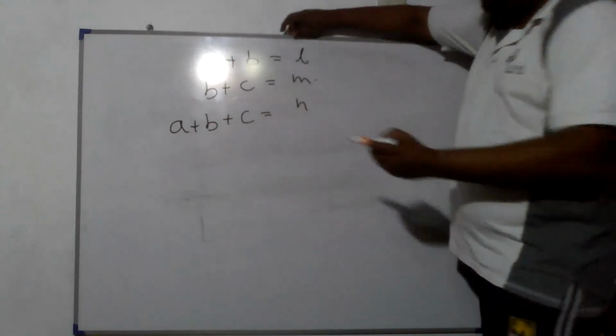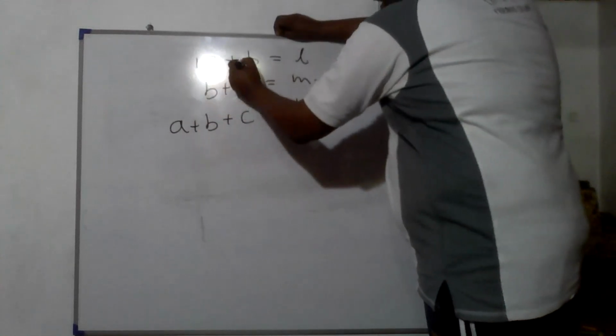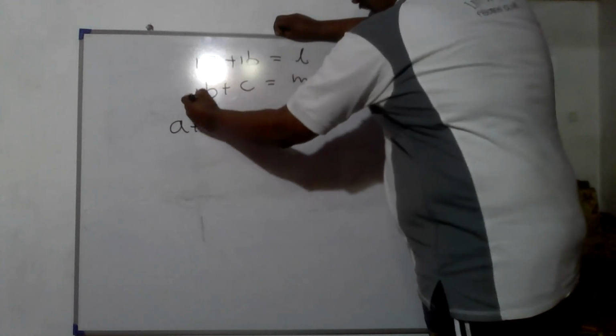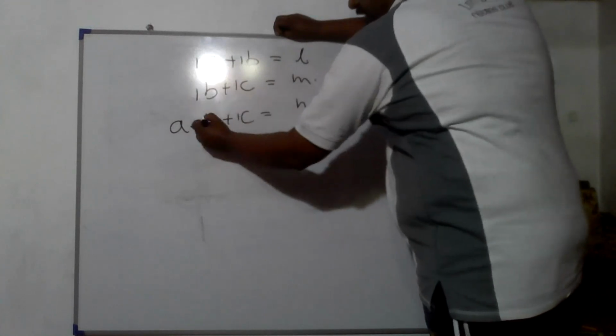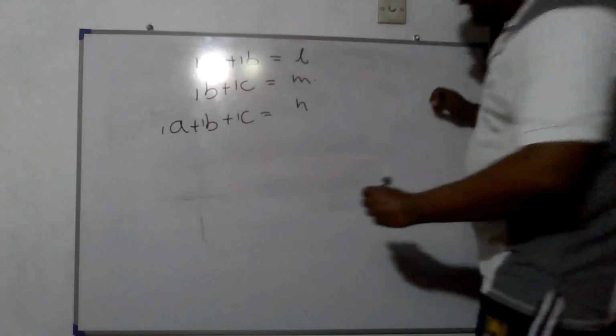Now you can see the coefficient of each variable here is 1, 1, 1, 1. This is an easy problem, right? Then you have another set of equations.